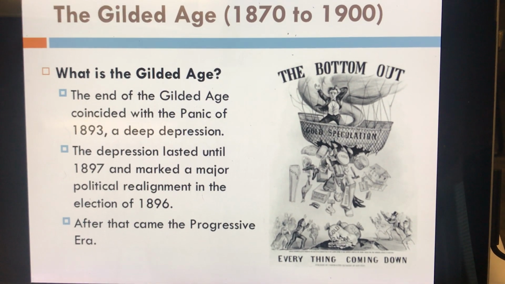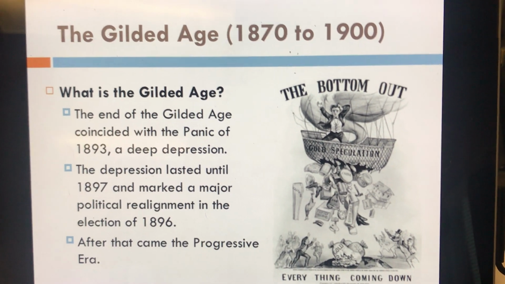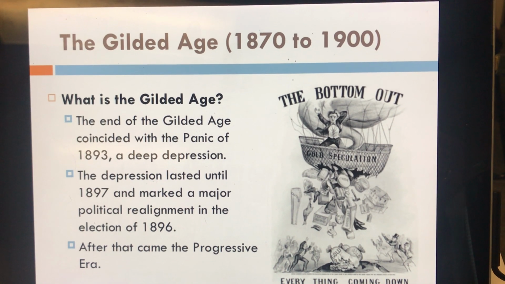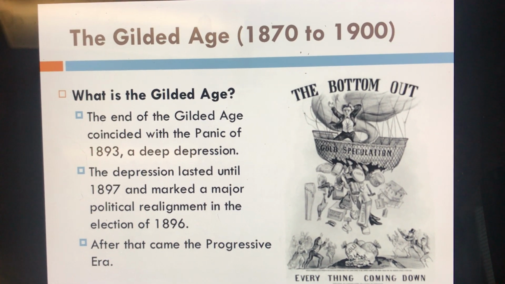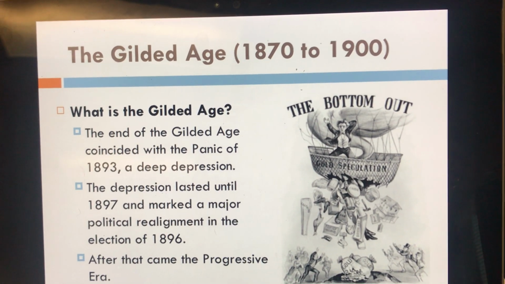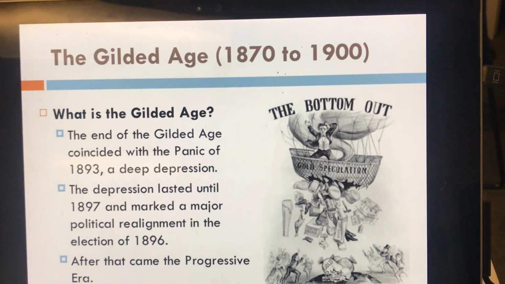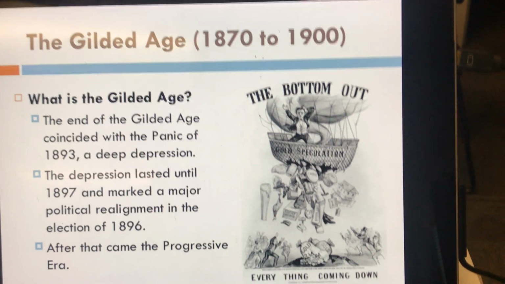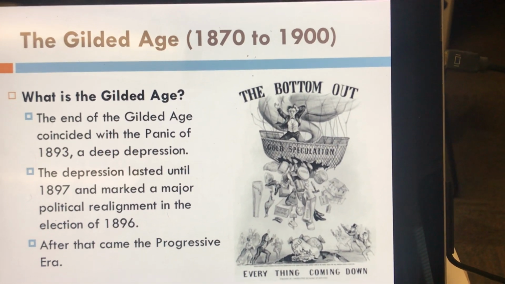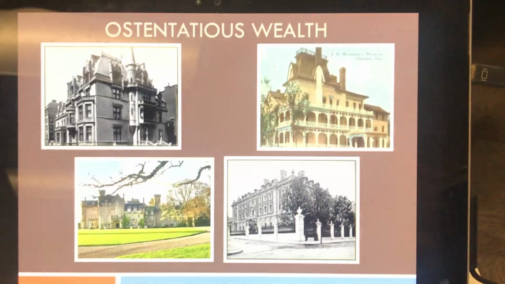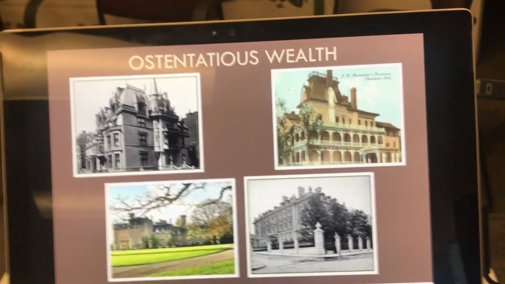This panic or this depression actually caused a lot of political realignment for the election of 1896. It had a huge impact on the election of 1896. And the Gilded Age is followed by the Progressive Era, which is going to come about because of the politics of this time period.